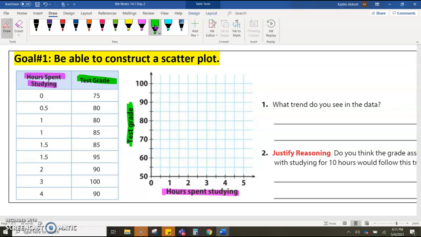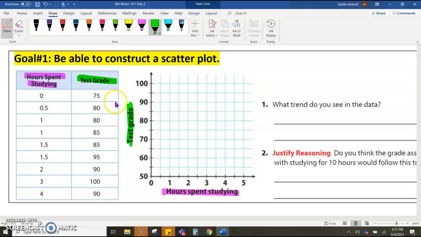The bottom doesn't go 1, 2, 3, 4, 5, 6, it goes by halves. So this is a half, this is 1, this is 1.5, 2, 2.5, 3, 3.5, 4, 4.5, 5. And this starts at 50, not at 0, so we have 50, 55, 60, 65, 70, 75, 80, 85, 90, 95, 100.